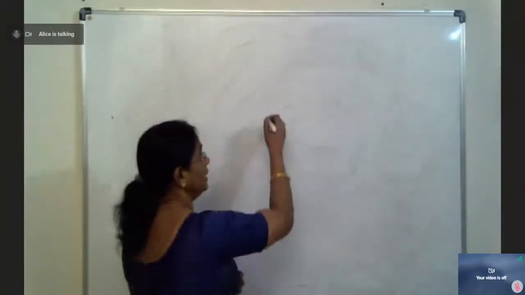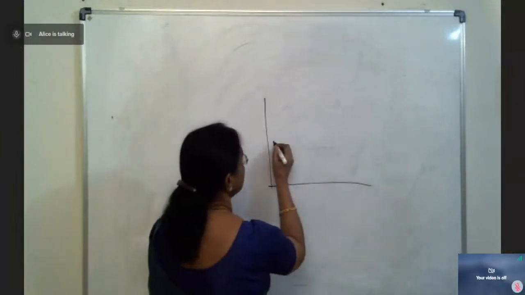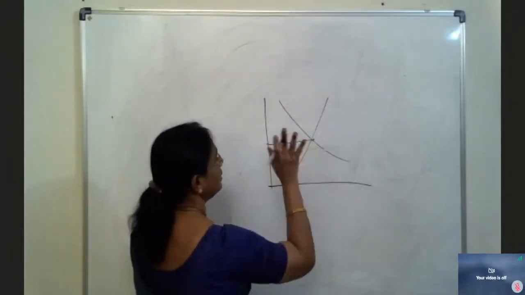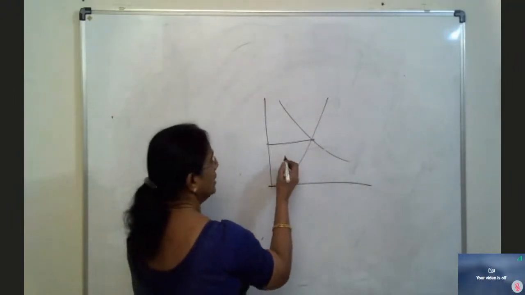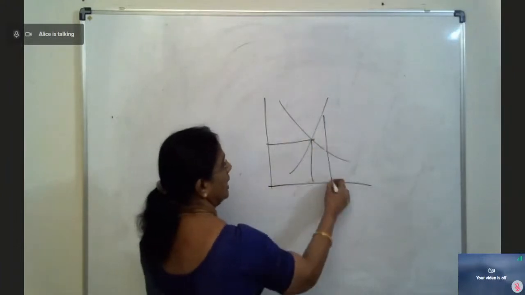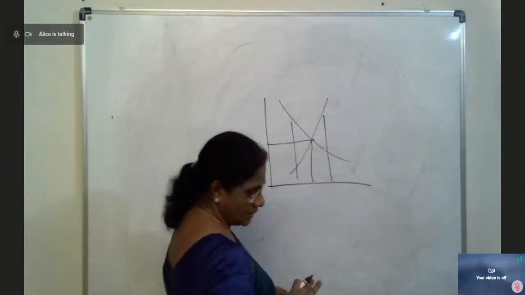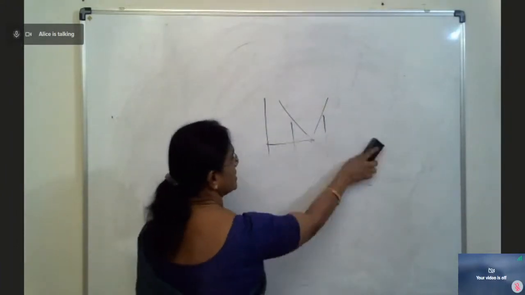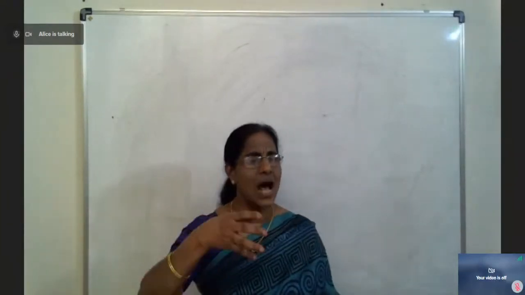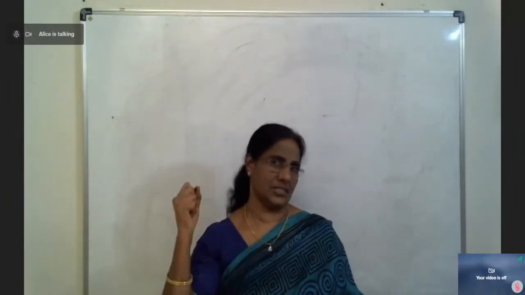Usually the amount traded. The amount traded should be this, but because of some distortion, the amount traded is either more or less. Either greater or less, we call it a trade distortion. That is, it is some unfair practice.